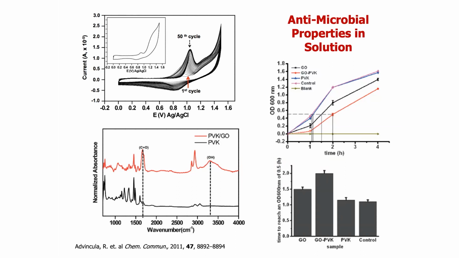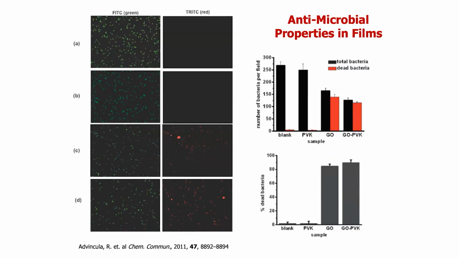However, another way to observe dead bacteria is through a live cell, dead cell assay, similar to what I've shown earlier with the arrays, as well as the viruses. In this case, the live cell stain did not show much differentiation. However, when we turn to the fluorescence of the dead cell stain, we can see more dead bacteria in the presence of graphene oxide or graphene oxide PVK.